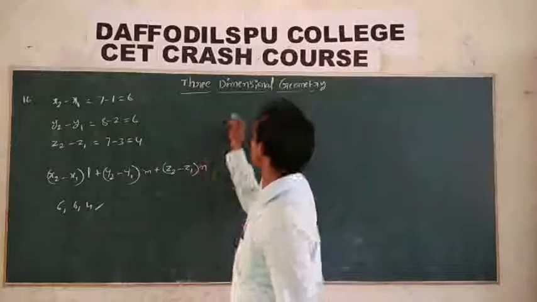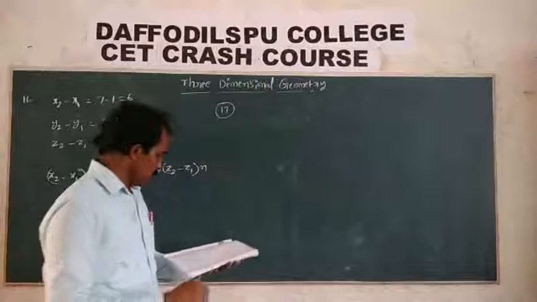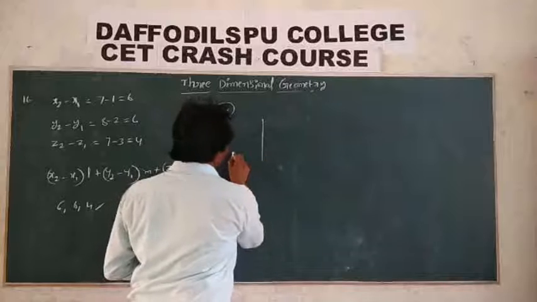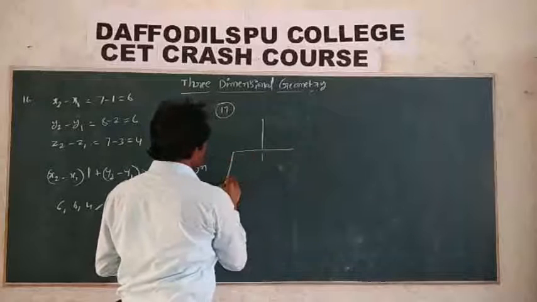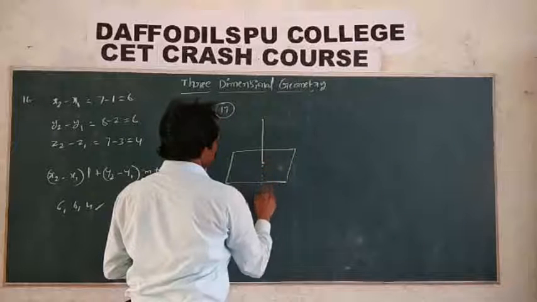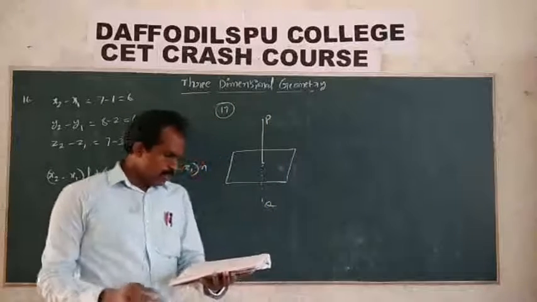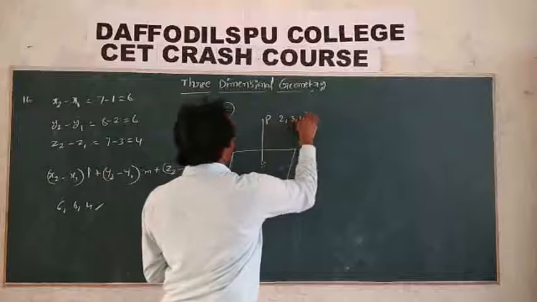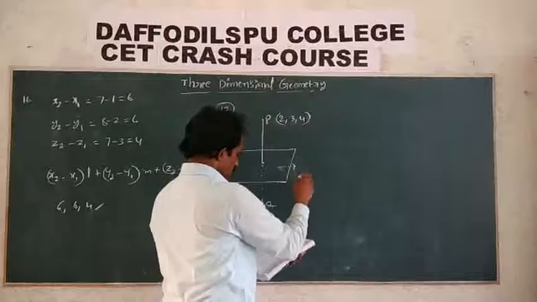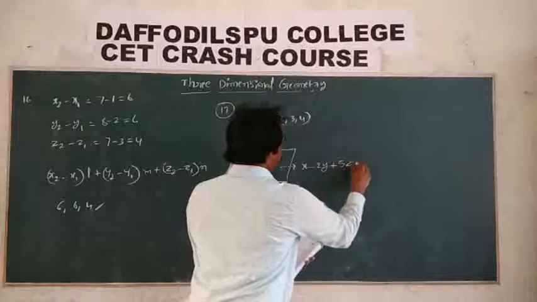Next, 17. Okay. If Q is the image of the point 2, 3, 4, this is P, and this is Q, under the reflection in the plane, the plane equation x minus 2y plus 5z is equal to 6.